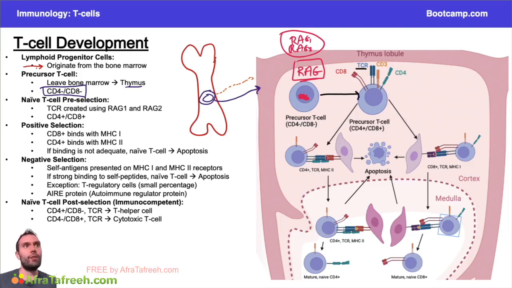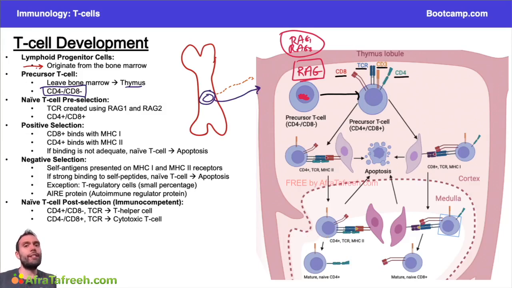And with that T cell receptor formation, there's also going to be the addition of CD4 and CD8. CD4 and CD8 are essentially co-receptors to the T cell receptor. Okay, so we're basically putting everything on this precursor T cell, including CD3. CD3 is usually going to be, in terms of board questions, a marker to tell you that you're dealing with a T cell.